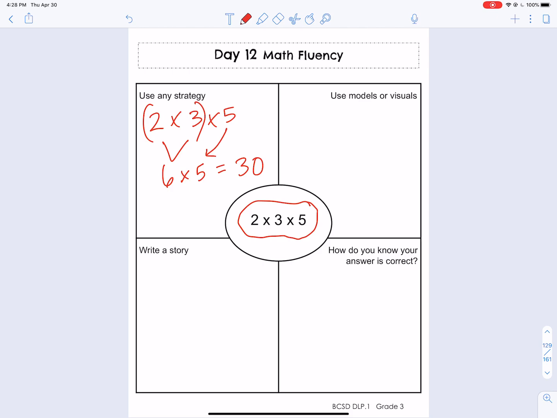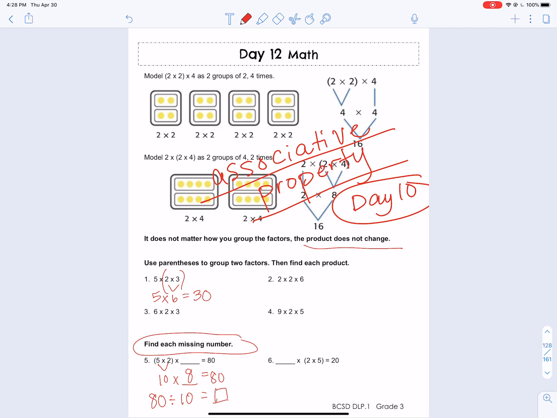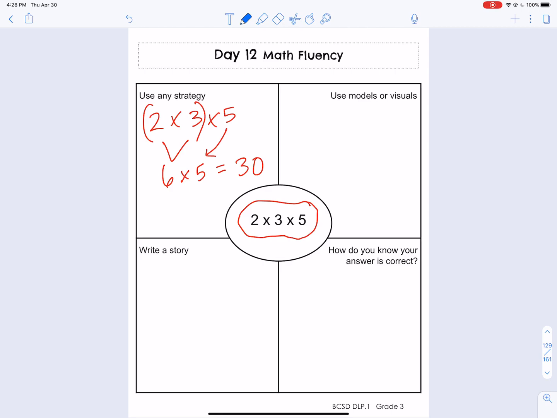For the use models or visuals box, what I would recommend doing is taking a look at the previous page again and doing something like this. Okay, so 2 times 3 times 5, again grouped this way with my parentheses around the 2 and the 3. What I'm doing when I group it that way is I'm saying 5 groups of 2 times 3.